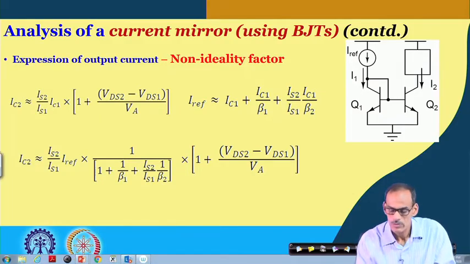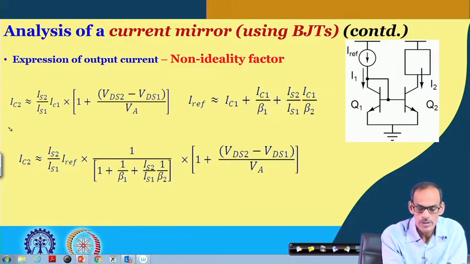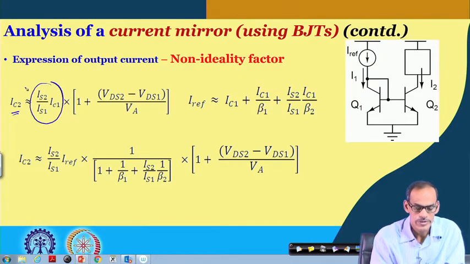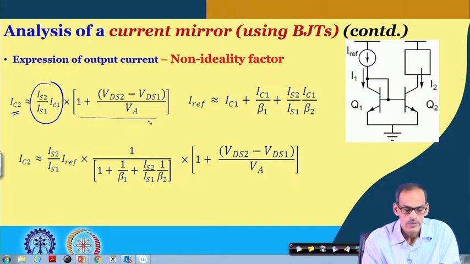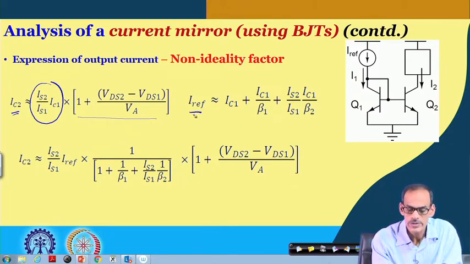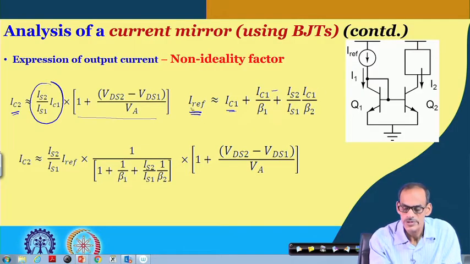So, here what we said is that for the expression of IC2, we primarily have this factor, then we have whatever non-ideality factor, and then IREF, and IC1 has this relationship.